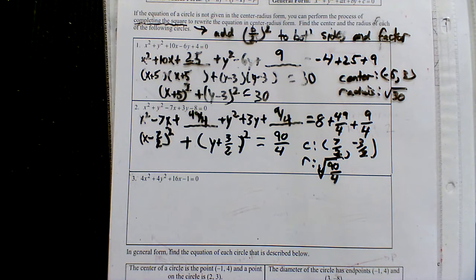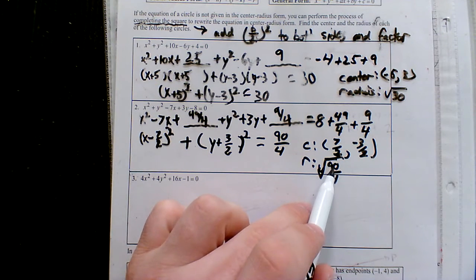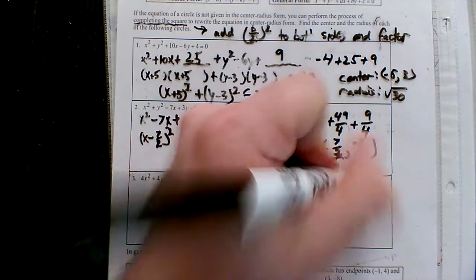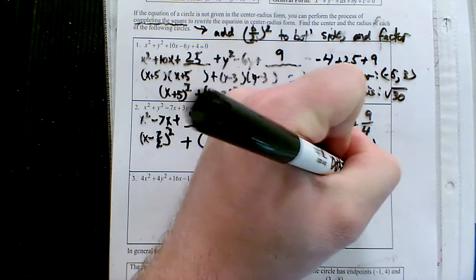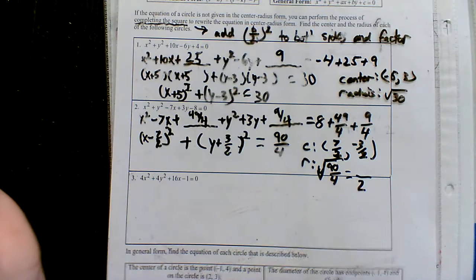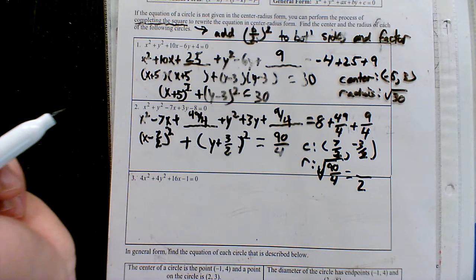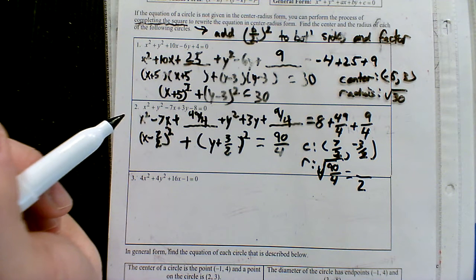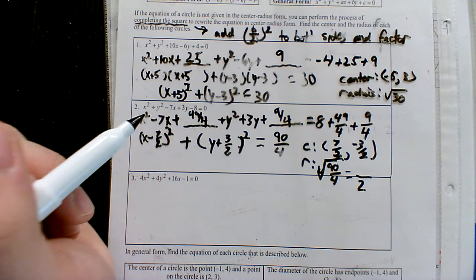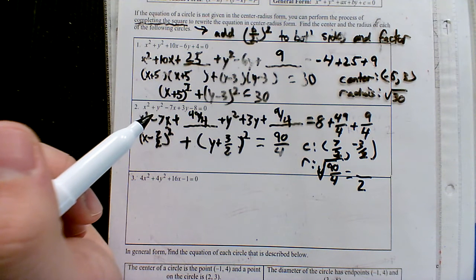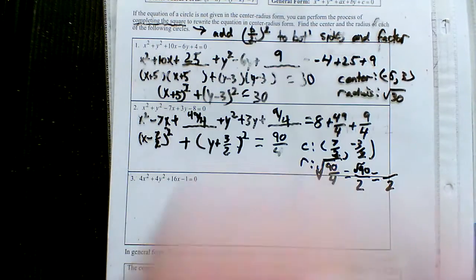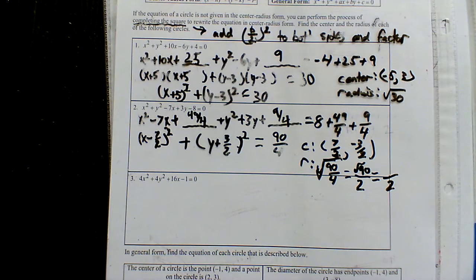And that can be simplified some. The square root of the fraction, you can do the square root of the top over the square root of the bottom. So the square root of the bottom is just 2 now. And the square root of 90 on the top, let's see, can that be broken down at all? 9 and 10.